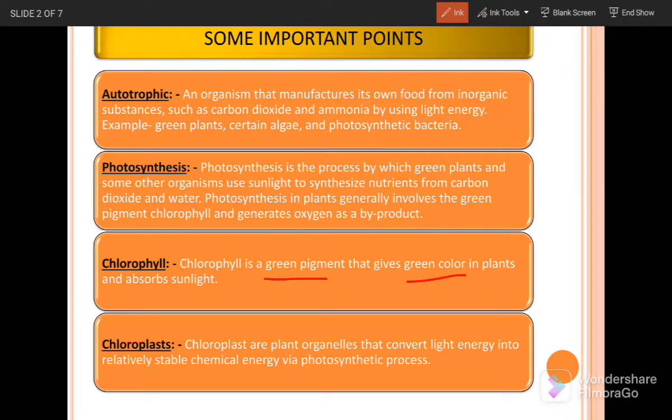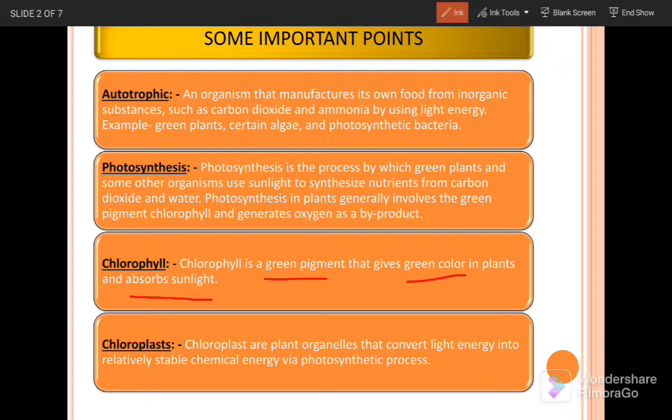You have noticed that the leaves and some plant stems are green, which is due to the presence of the green pigment chlorophyll. Without chlorophyll, the green color cannot be present in plants. The main function of chlorophyll is to absorb sunlight.